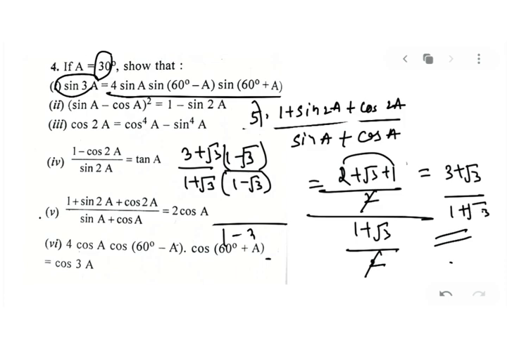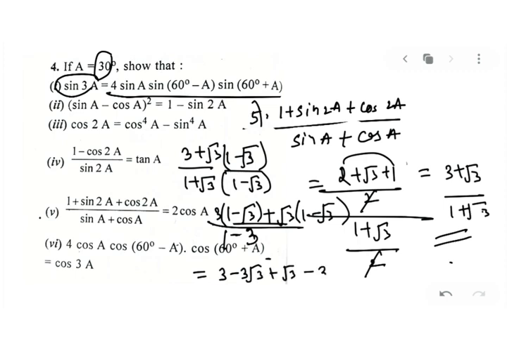Okay, 1 plus root 3 times 1 minus root 3, that is 1 square minus root 3 square, that is 3. So down you have 1 minus 3. And above you have 3 bracket 1 minus root 3 plus root 3 bracket 1 minus root 3. So that will be 3 minus 3 root 3 plus root 3 minus 3.